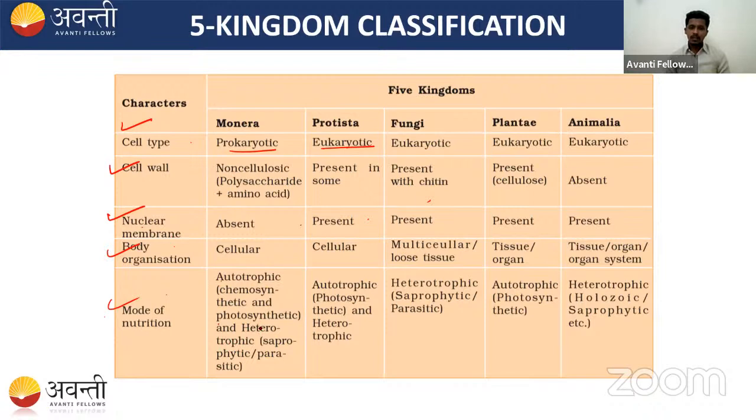Coming to mode of nutrition, whether they are autotrophic, photoautotrophic or chemoautotrophic, and heterotrophic, whether they are saprophytic, parasitic, or carnivorous. So based on this, he divided the entire living organisms into five convenient kingdoms.